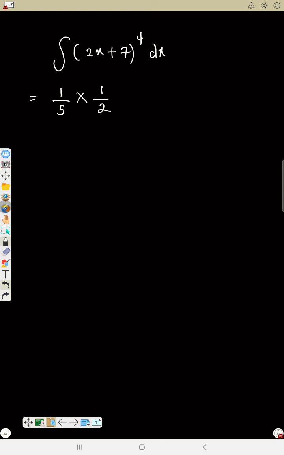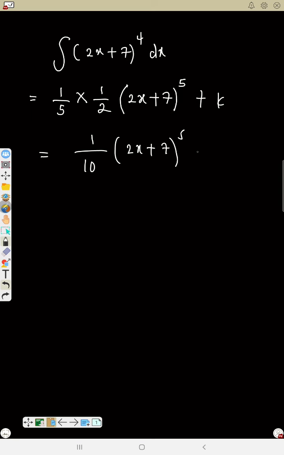That is 1 over 2. Then rewrite everything in the bracket. Please follow it step by step. That will be 2x plus 7. Now add 1 to the power, 5 plus k. So this will be 1 over 10 into (2x + 7) raised to power 5 plus k. Answer. I hope you are getting it.